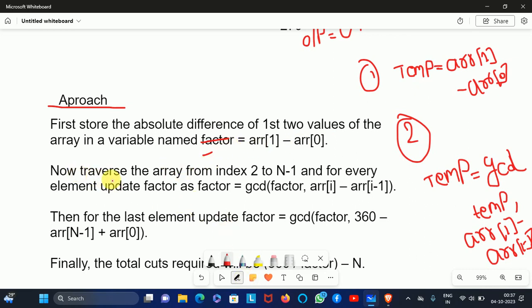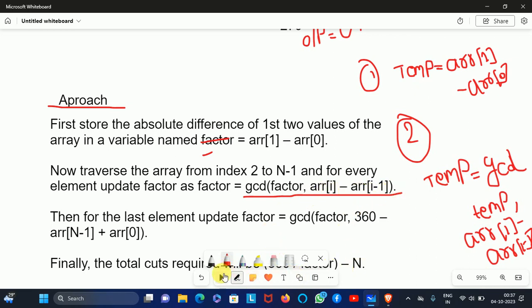After that, traverse the array from index 2 to n minus 1, and for every element update the factor as factor equal to GCD of factor comma array of I minus array of I minus 1.